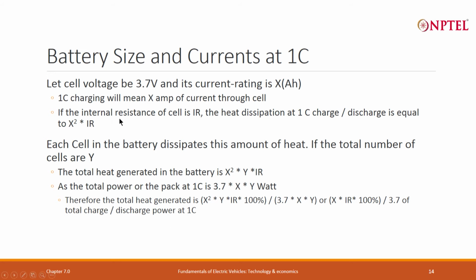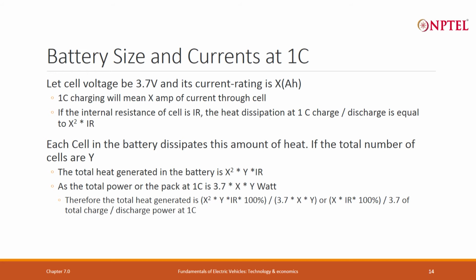There is something called internal resistance of the cell. The cell has an internal resistance. Now, this is important. Why is this the internal resistance? Because you can model an equivalent circuit for the cell as consisting of the cell with an internal resistance.